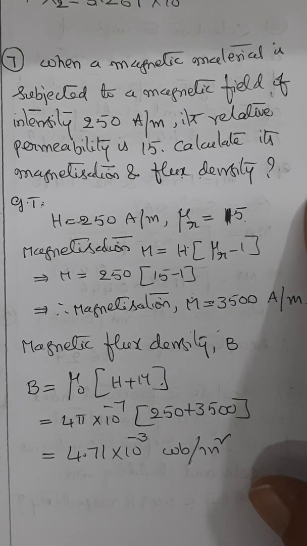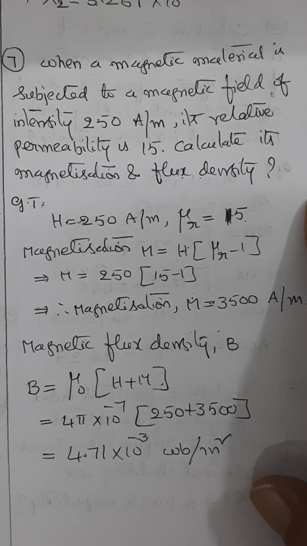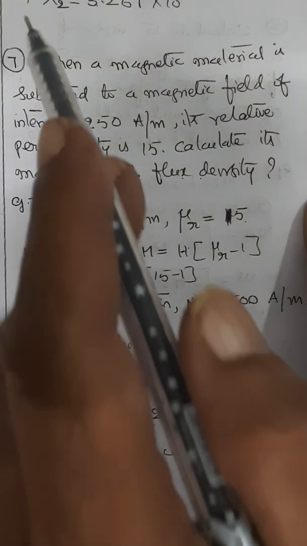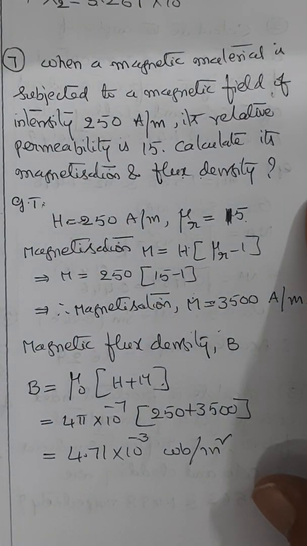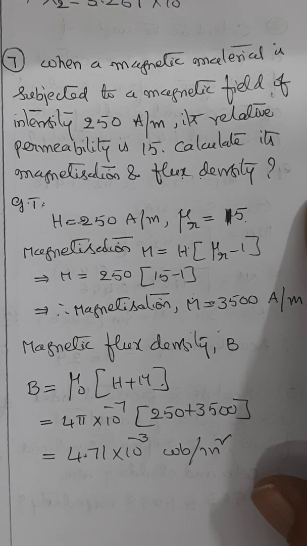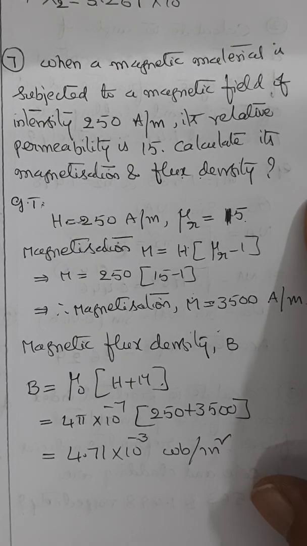Now we shall conclude this magnetic materials chapter by summarizing the theoretical concepts learned in the previous video sessions by looking at possible questions from the university theory paper. These are all numericals, of course. Now if you see the university magnetic materials paper or theory paper of engineering physics, questions possible from magnetic materials are short answer as well as long answer.